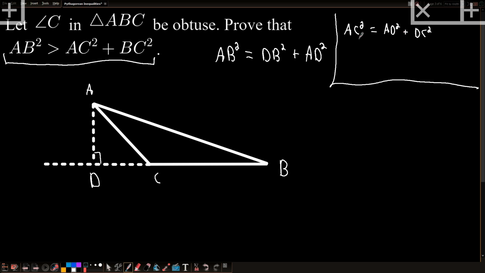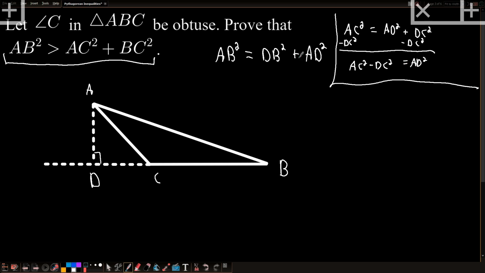So let's simplify this. Let's solve for AD squared in this equation by subtracting DC squared on both sides. Then I will get the equation that AD squared is equal to AC squared minus DC squared. Well, that's interesting.